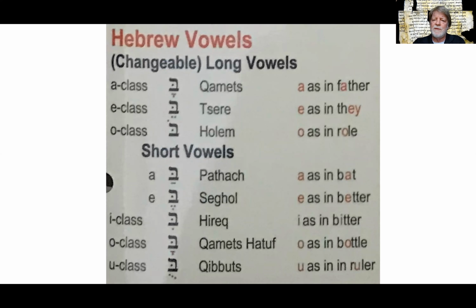And I want to emphasize that as we study Hebrew, one of the things that we can learn to do to pronounce Hebrew words better is to pronounce English words as if we were reading Hebrew consonants and vowels.